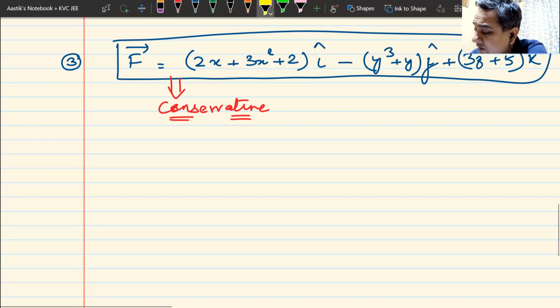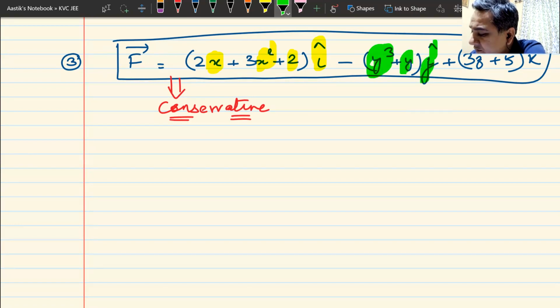Because when I look at the terms with i, they only have x or a constant. If I differentiate these terms with respect to z or with respect to y, I always get 0. When I look at the terms with j, I only see terms of y.